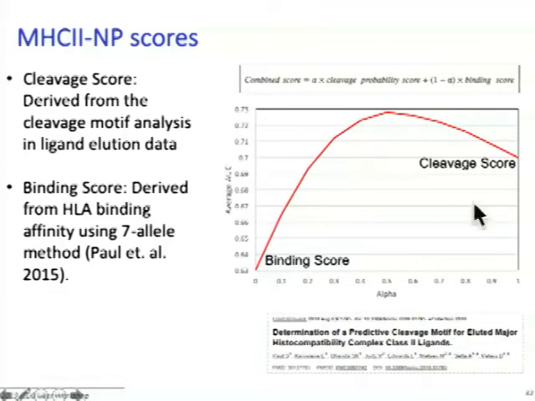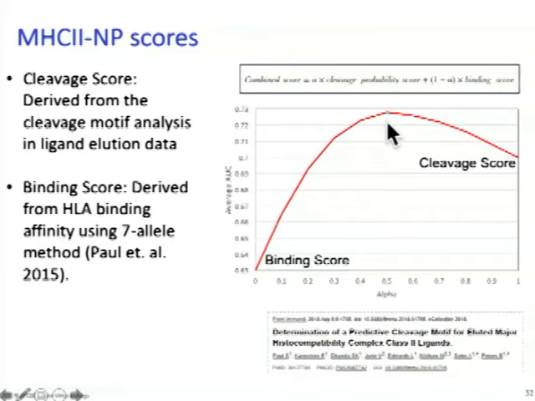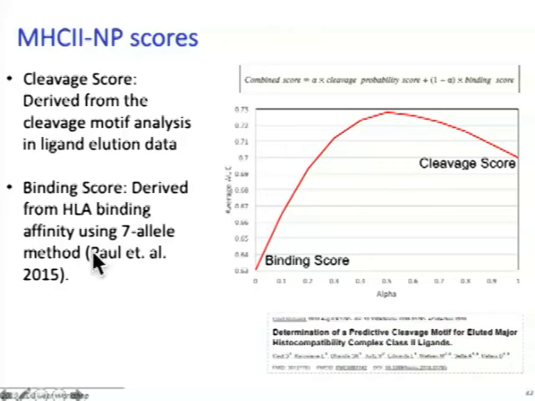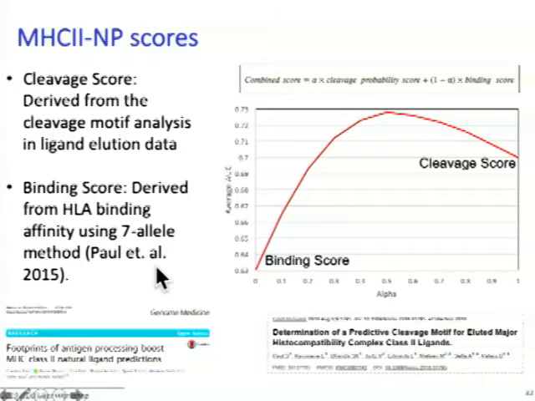If we take just the binding score or just the cleavage score, we can combine the two and get a better score for predicting the specific ligands presented on class II molecules, but we do not really improve above the 7 allele method that Sino presented, which just looks for the presence of a good 9-mer binding core in those peptides.